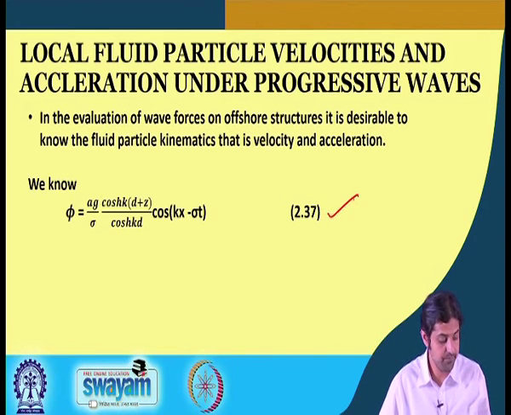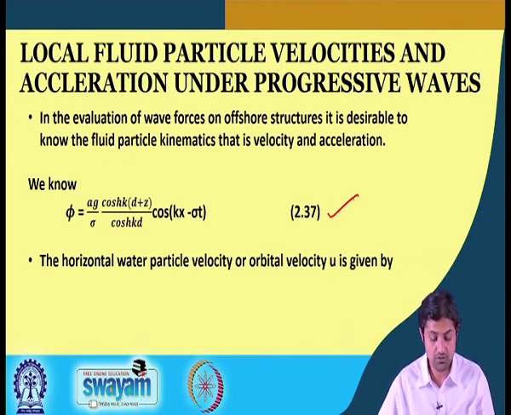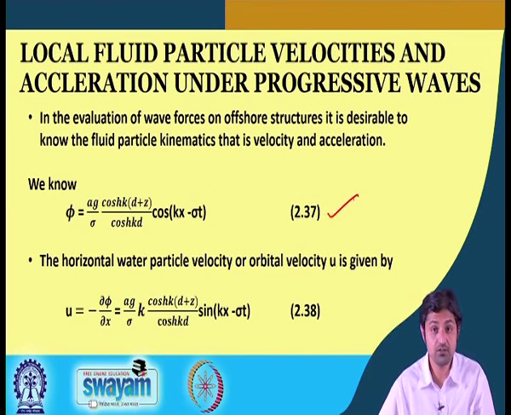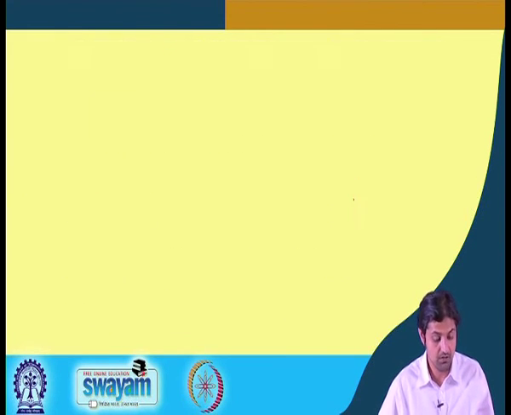All right. The horizontal particle velocity or the orbital velocity u is given by minus del phi del x. All right, definition of velocity potential. So we get Ag by sigma k into cosh k(d plus z) by cosh kd into sin(kx minus sigma t).